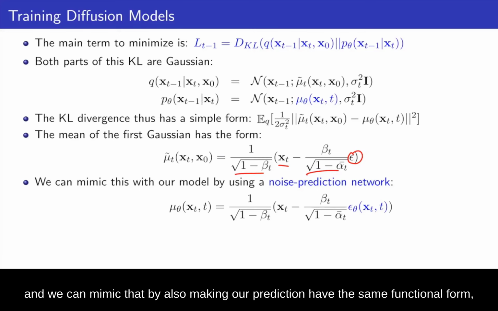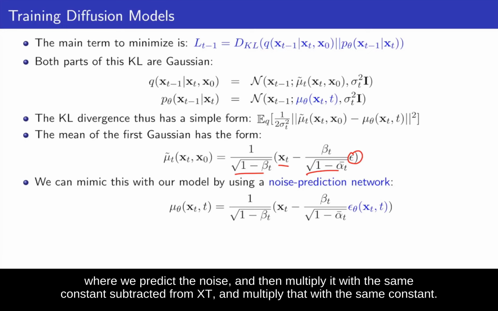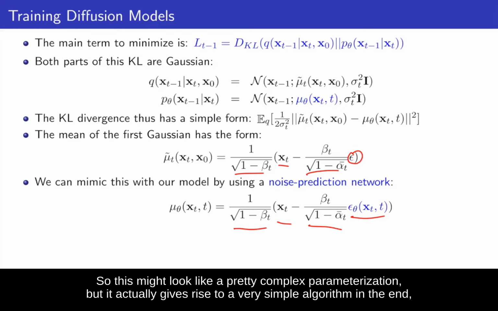And we can mimic that by also making our prediction have the same functional form, where we predict the noise and then multiply it with the same constant, subtract it from xt, and multiply that with the same constant. So this might look like a pretty complex parameterization, but it actually gives rise to a very simple algorithm in the end.